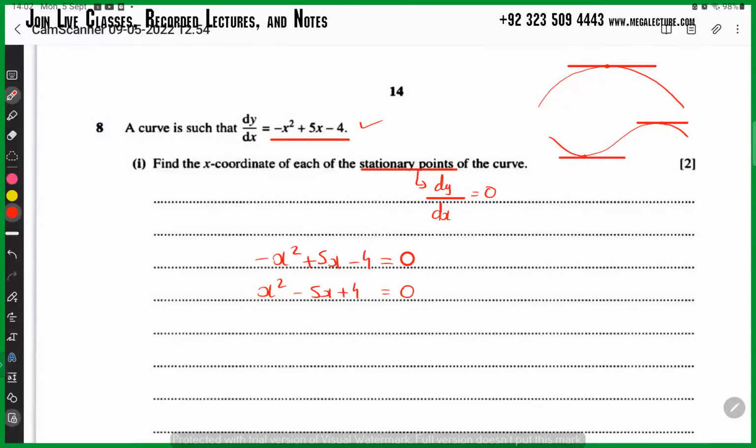We need two numbers such that when you multiply them, you get 4. When you add them, you get minus 5. So that is x squared minus x and minus 4x plus 4 equals 0. I'll take x common, x minus 1, minus 4 common, x minus 1. And finally, it is going to be x equals 4 and x equals minus 1.